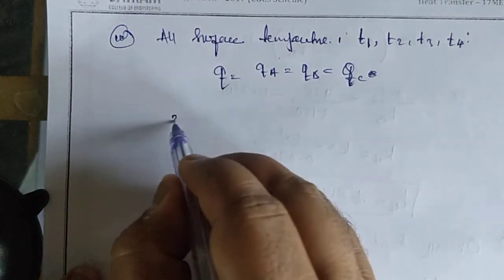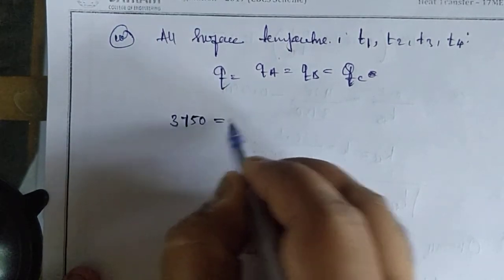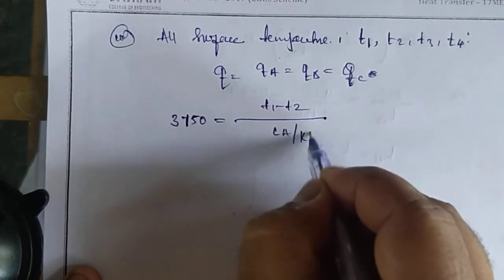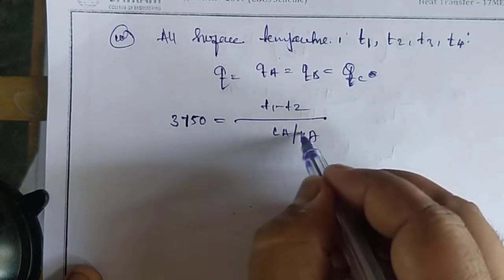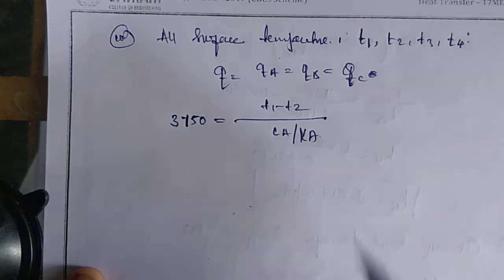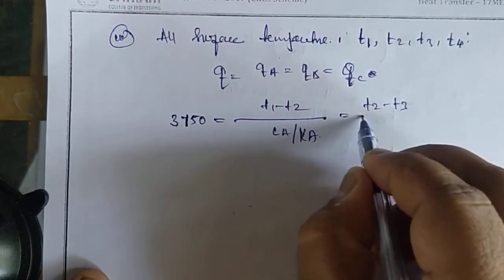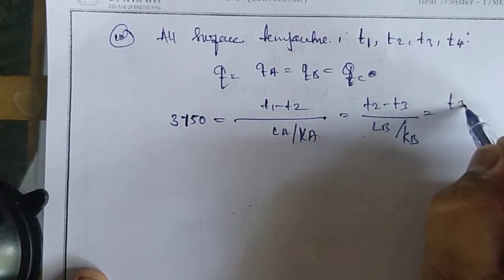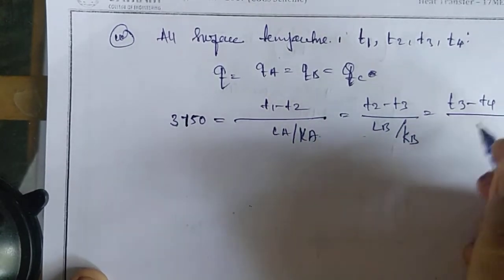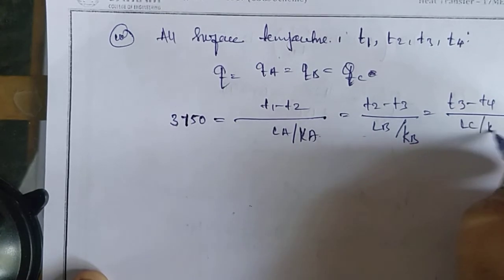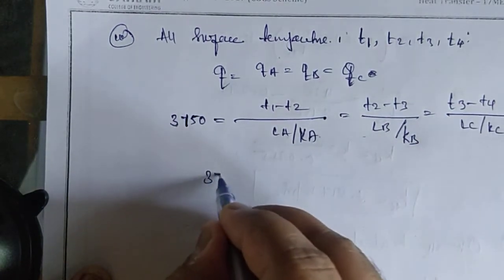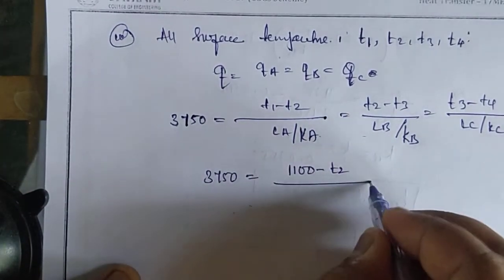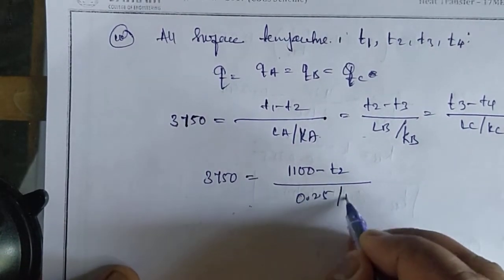So overall heat transfer 3750 is equal to (T1 minus T2) divided by LA by KA, is equal to (T2 minus T3) divided by LB by KB, is equal to (T3 minus T4) divided by LC by KC. 3750 is equal to (1100 minus T2) divided by (0.25 divided by 1.65).